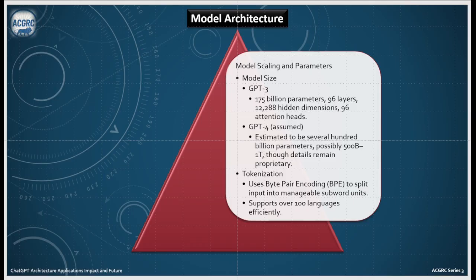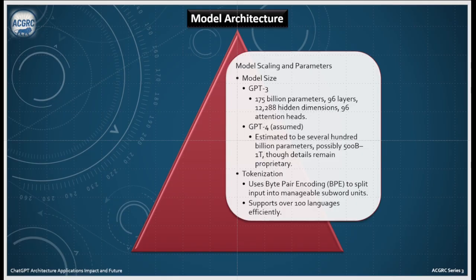The deeper the network, or the more layers, the more complex patterns the model can learn, like deeper understanding of grammar, context, reasoning, and nuances. In simple terms, more layers equals the deeper the model can think. GPT-3 has around 96 layers in this architecture. Hope this helps.